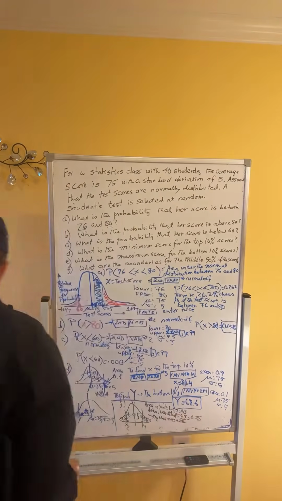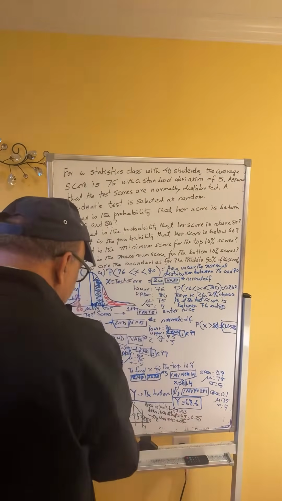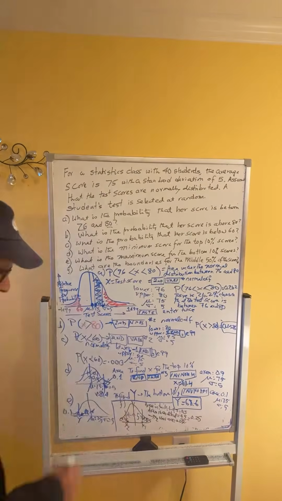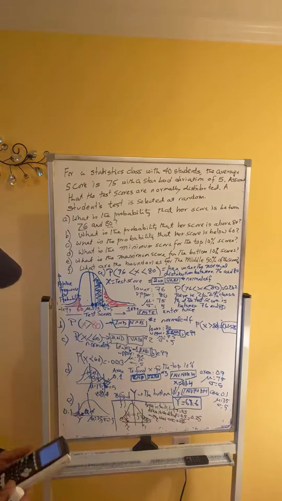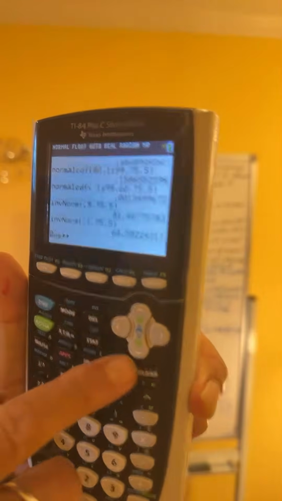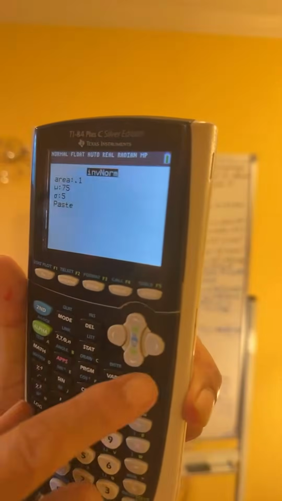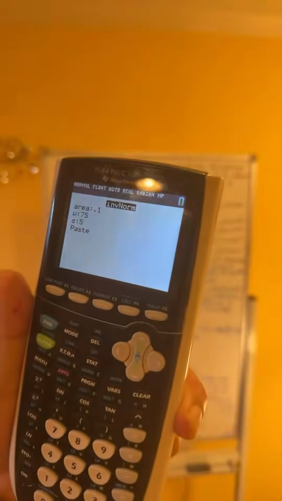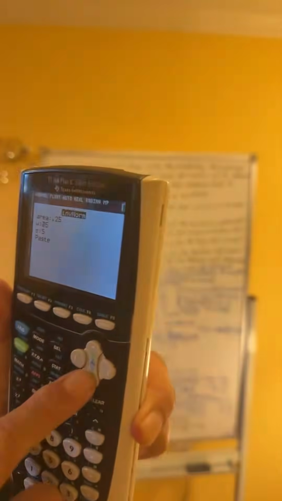in second verse 3. So to find x2, area in the left tail is 0.25. So we are going to use the same second verse 3. Area in the left tail is 0.25. Nothing else changes. Paste, enter and enter twice.